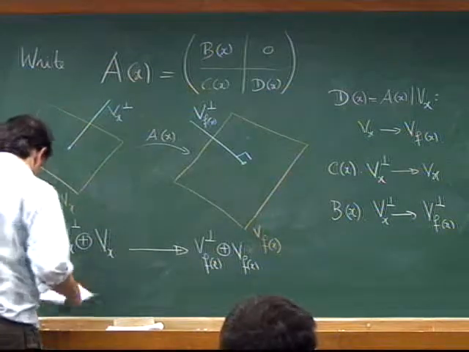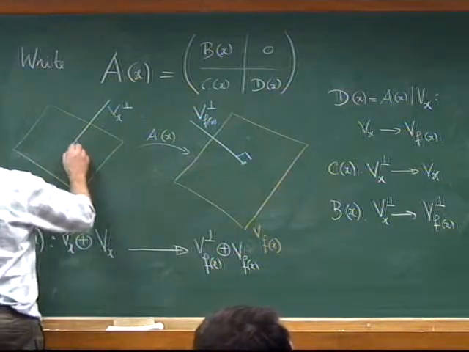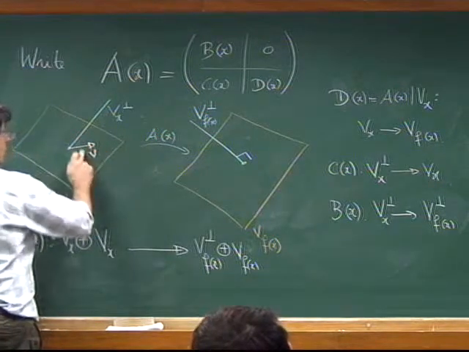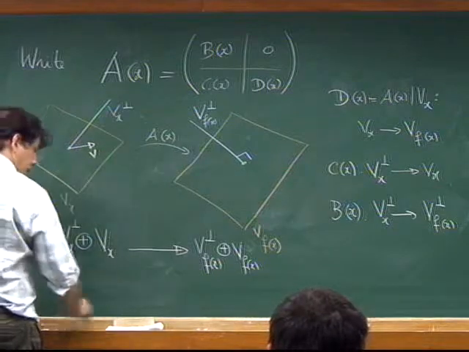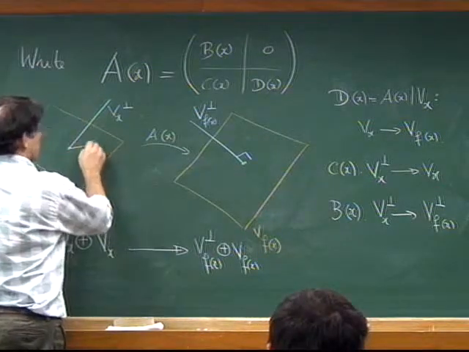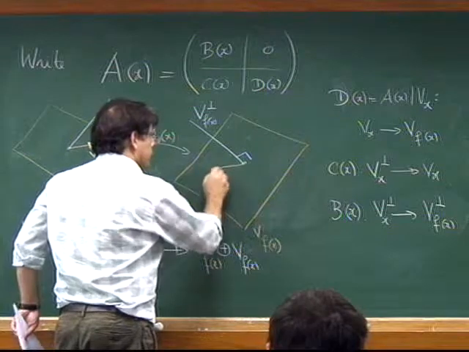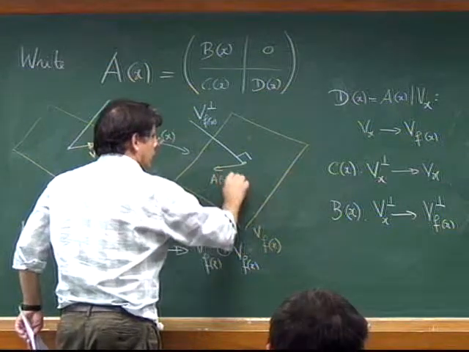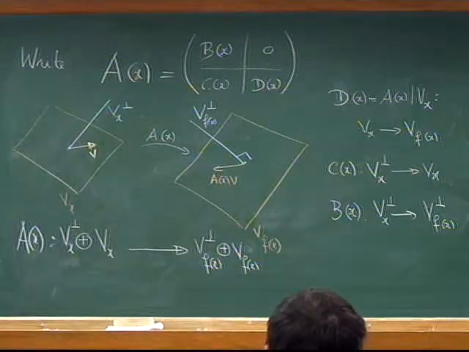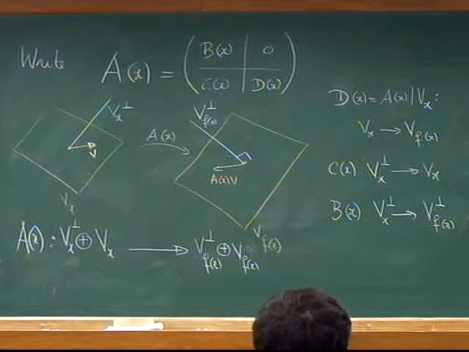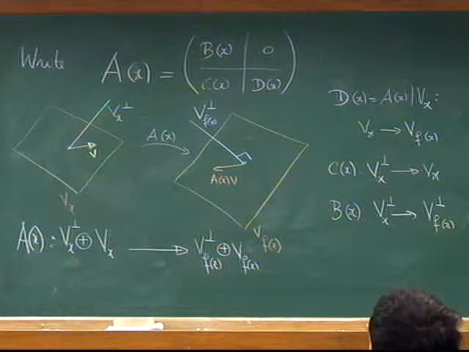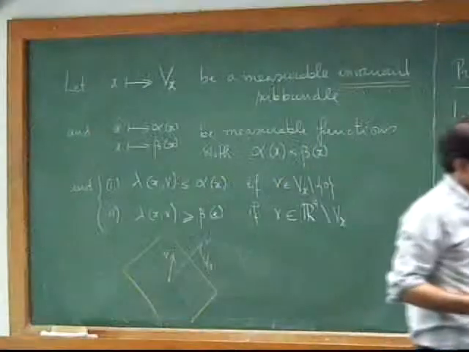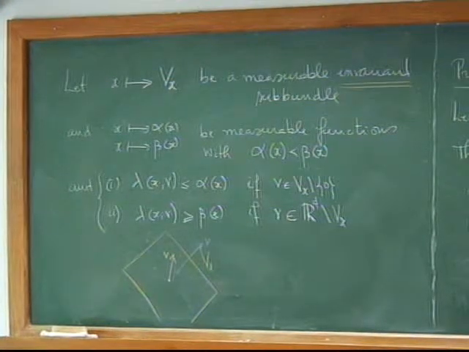The reason is that if I take a vector in Vx, a vector that only has orange components, and I look at the image, it is also in Vx. That's the fact that this subspace is invariant. If a vector is inside here, then the image is inside there.